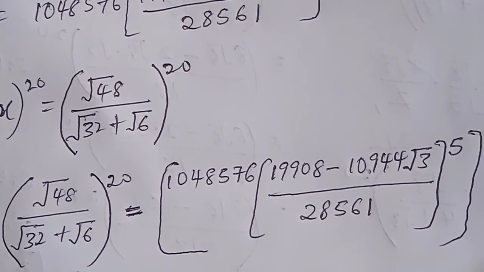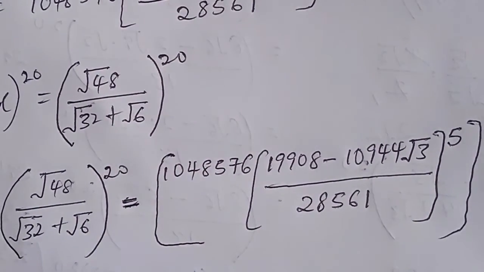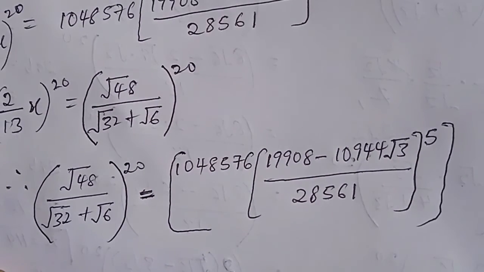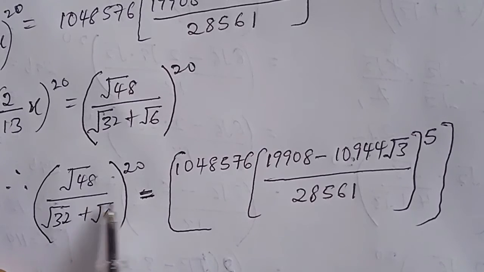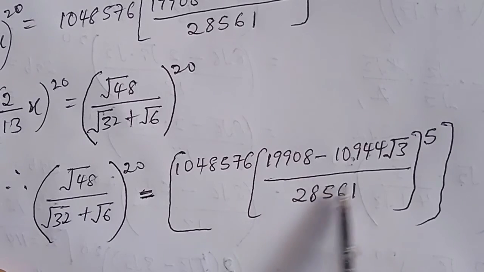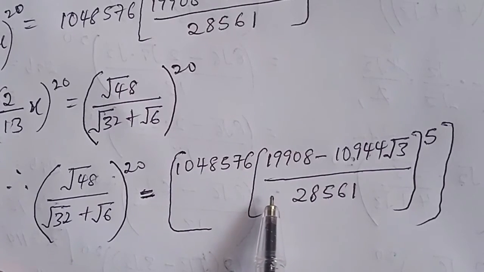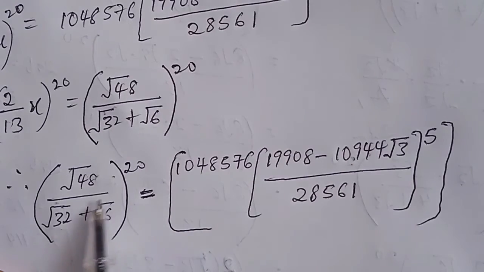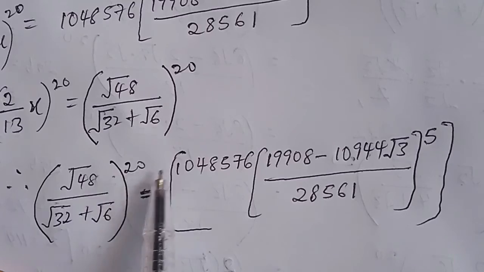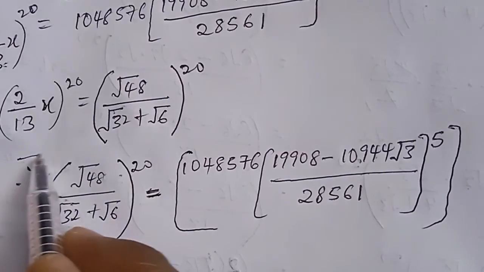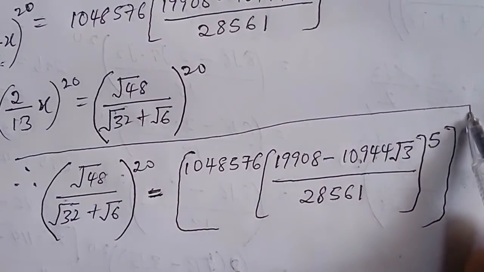Closing the brackets, so the whole of this now becomes the whole of this. And that comes the end of the simplification of this radical expression to the power of 20.